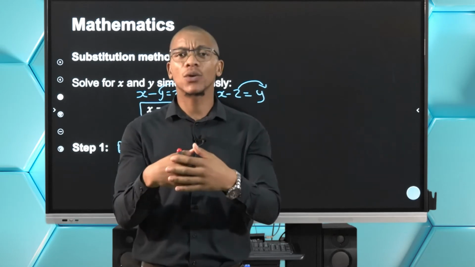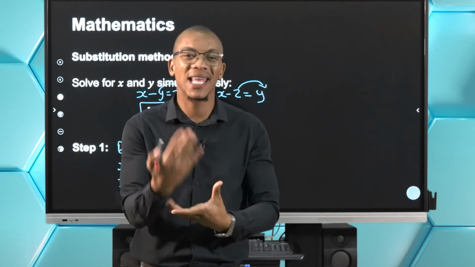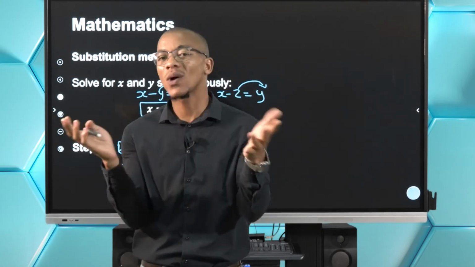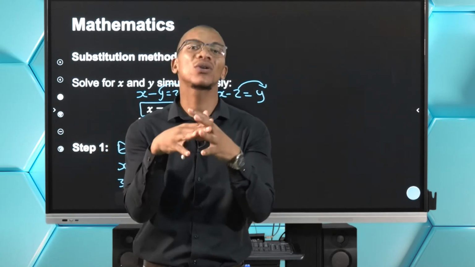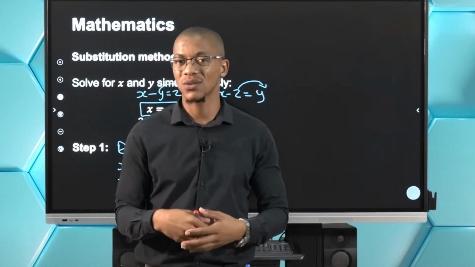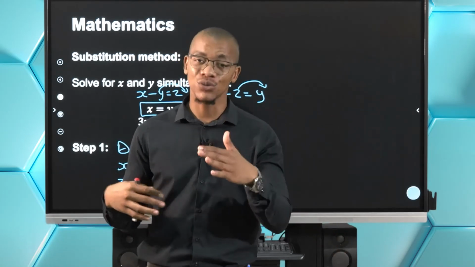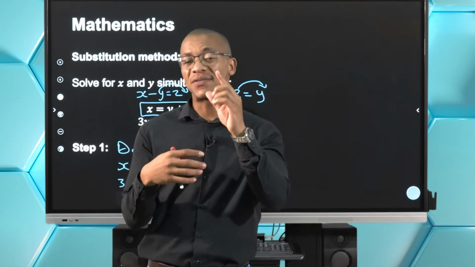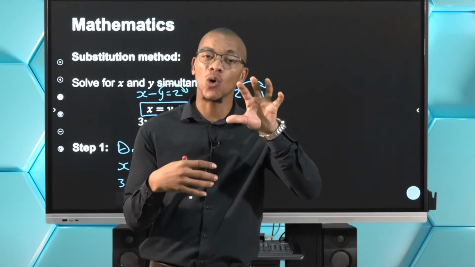But here I'm just going to be substituting in a value, so I don't need to have them aligning with one another or anything of that sort. You just need to substitute as soon as one variable is left on its own on one side.